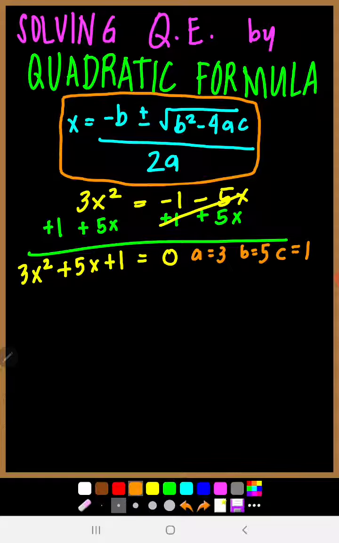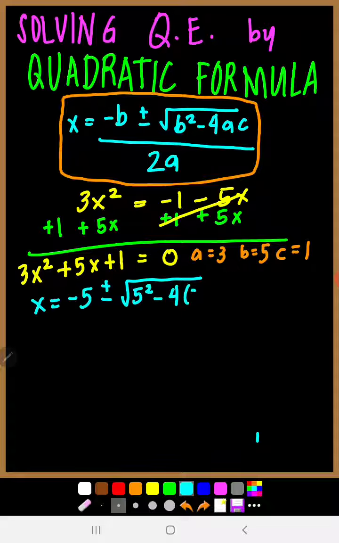Now, all you have to do is plug in these values into the quadratic formula. So x equals negative b, and our b is 5, plus or minus the square root of 5 squared minus 4 times 3 times 1, divided by 2 times 3.